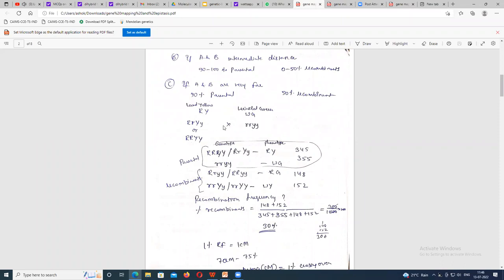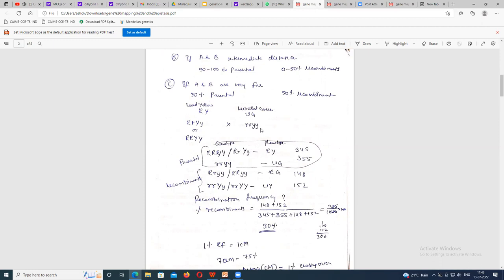So what is the type of cross here? We are crossing a hybrid with the recessive parent. Dihybrid test cross.